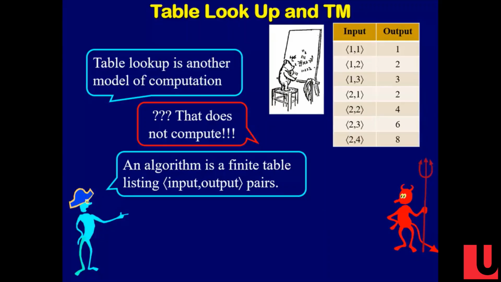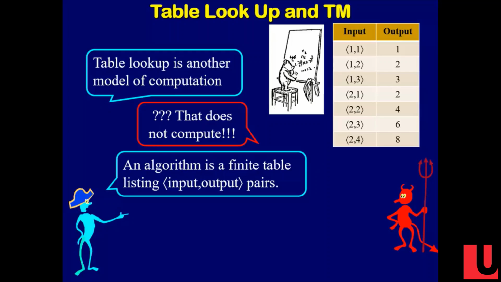It needs a finite description, and my table is going to have a finite description. And it's going to have rules for calculating, and these rules are going to be about the simplest rules ever. The algorithm is a table that lists input-output pairs.